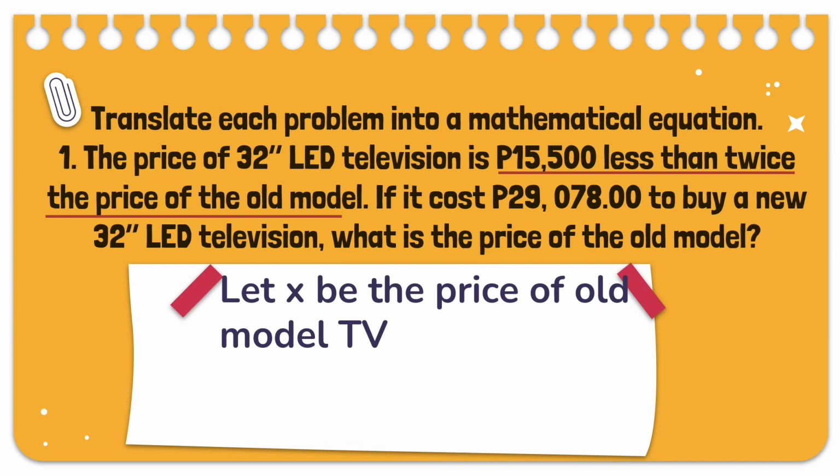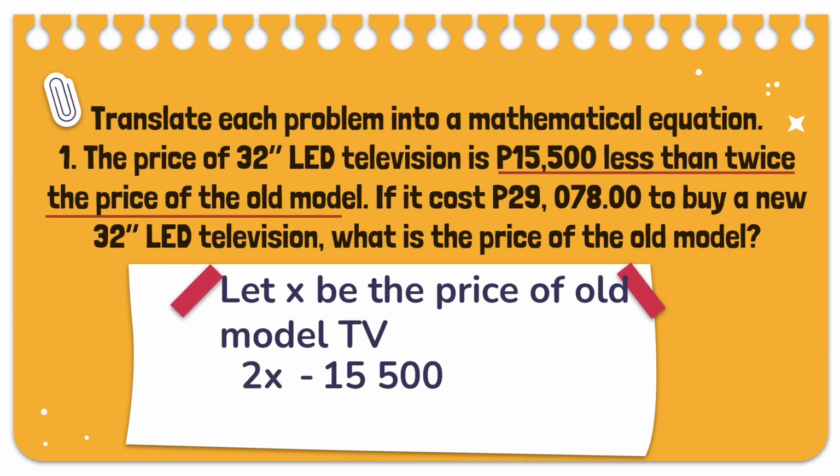So, the price of 32 inches LED television is 15,500, less than twice the price of the old model. So, yung 15,500, yan, sulat natin. Tapos, less than. So, when we say less than, that is subtraction. So, less than twice. Pag sinabing twice is doble. Doble ng presyo ng old model.